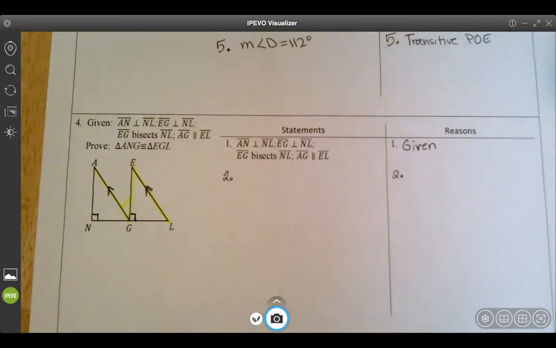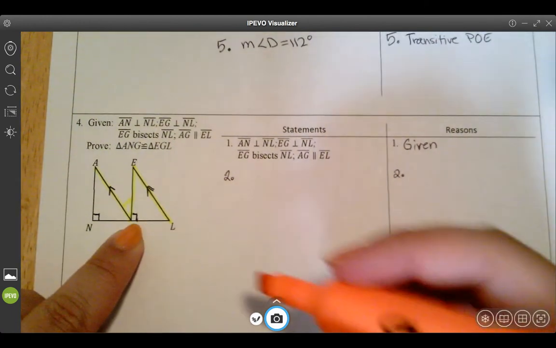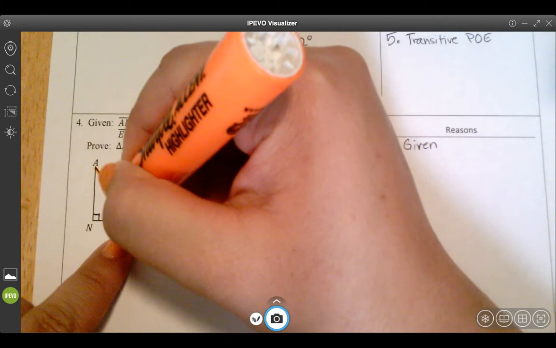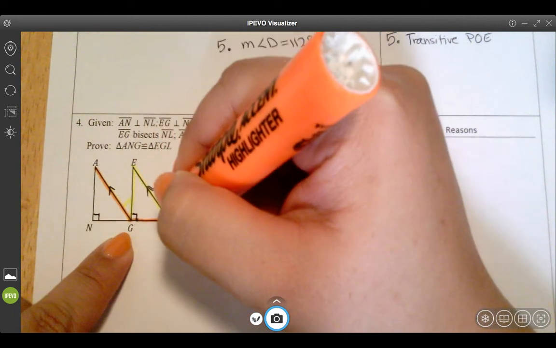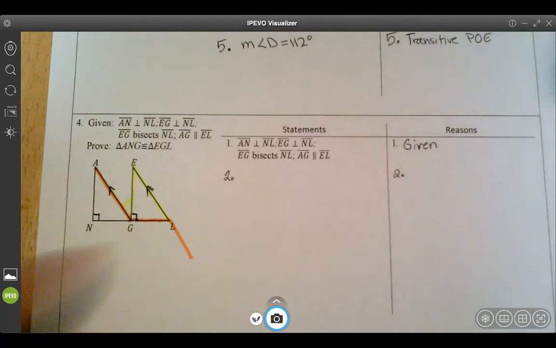And so instead of using that Z, let's see what happens when I use the other transversal here. So I go here, here. Well, I need to go this way, right, to make my Z. And so here, my alternate interior angles are again outside of my triangle.